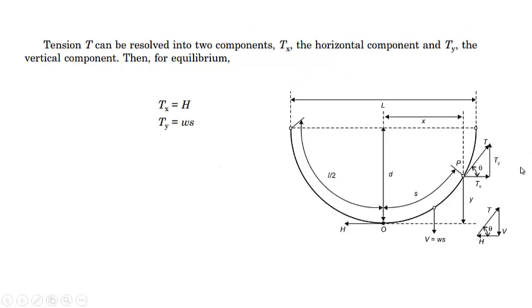Now coming to this, when we resolve this T into its horizontal component Tx and vertical component Ty, the distance from O to P along the curve is S, and the total weight from O to P will be equal to W into S, because W is the weight per unit length. The total weight will be W into S, and it will be in kgs.